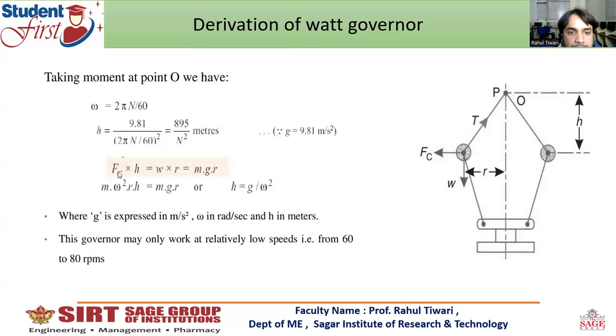So FC into H equals W into R. FC is the centrifugal force, and moment is force into perpendicular distance. The force is FC, and its distance is H.